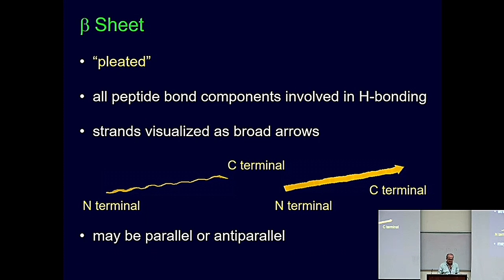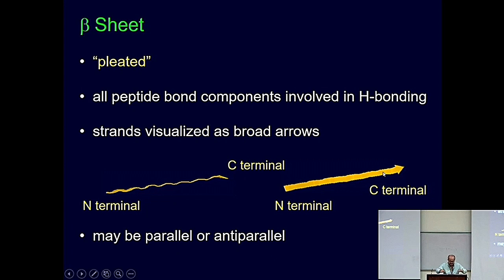And they come together to form this structure designated by this wide arrow, where the beginning of the arrow is the N-terminal end, and the arrowhead itself is the C-terminus. That's the designation.